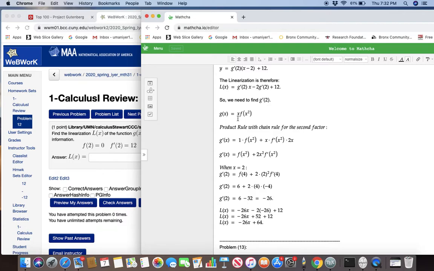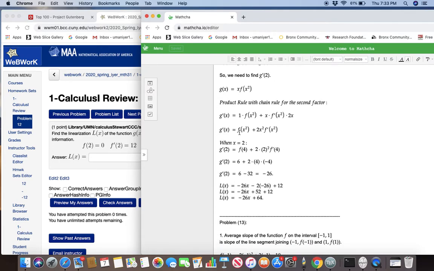Derivative of the first is 1, second as it is, plus first as it is, derivative of the second. Derivative of the second calls for the chain rule: derivative of f with the object inside as it is, times the derivative of the object inside, that's 2x. Simplifying, you get 1 times f of x squared, plus x times 2x, that is 2x squared, times f prime of x squared. So g prime of x is f of x squared plus 2x squared f prime of x squared.